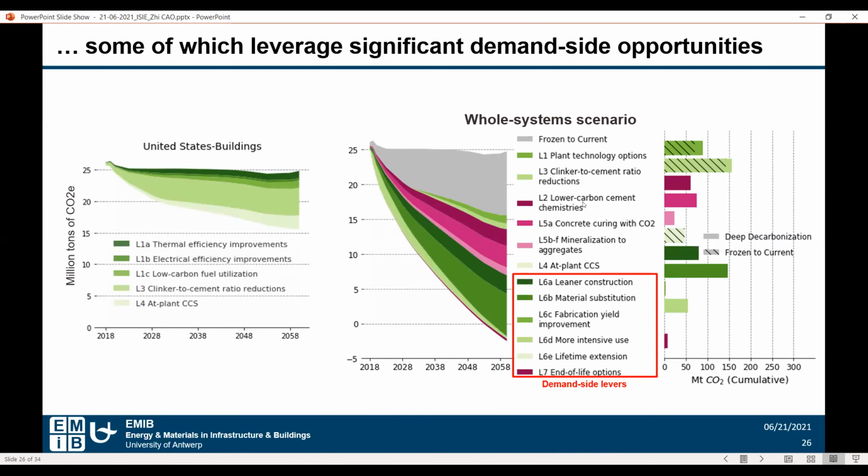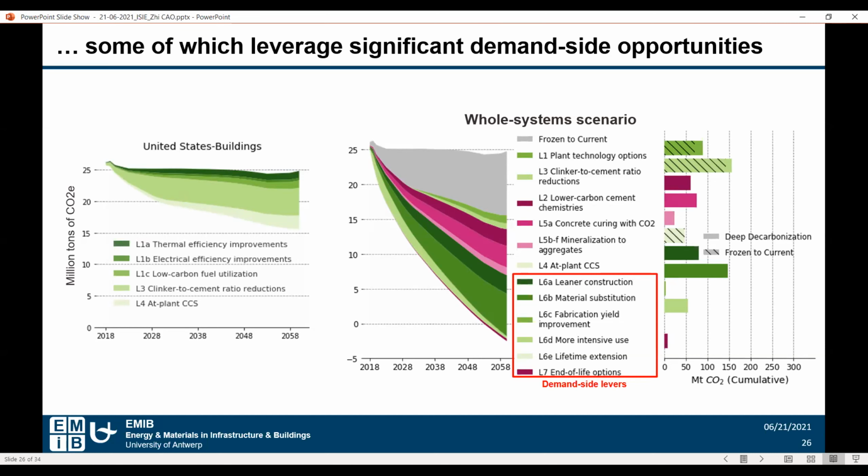Of course, these cement chemistries are still in the pipeline, and their performance still requires further investigation, because you have durability concerns, safety concerns, and so on. So you have to do a lot of experiments to validate the performance of these cements.